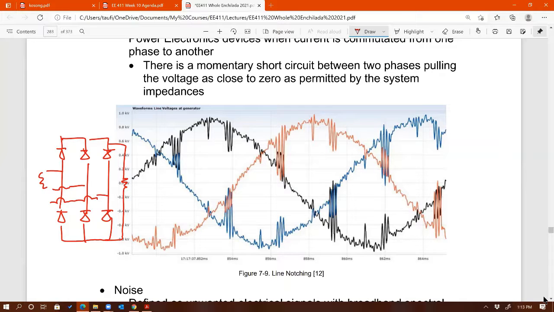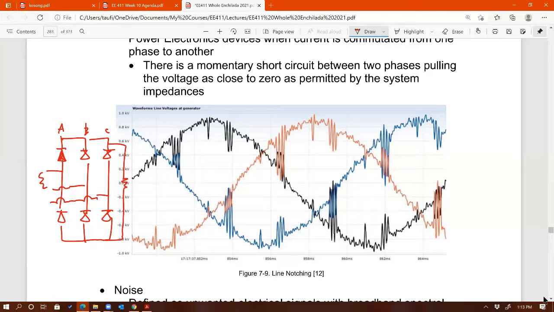But the thing is, as you learn from this class as well as EE411, mainly this class, a diode takes longer to turn off. As you know, for each leg, phase A leg, B and C, the 2 diodes cannot be on at the same time.